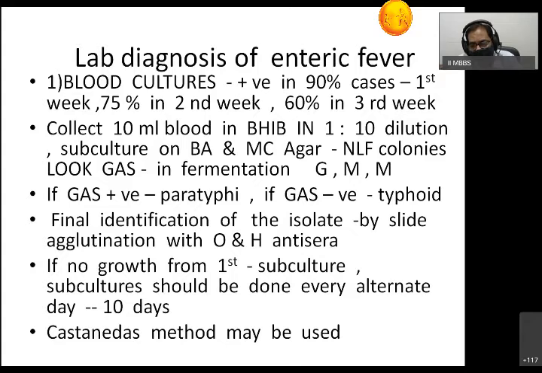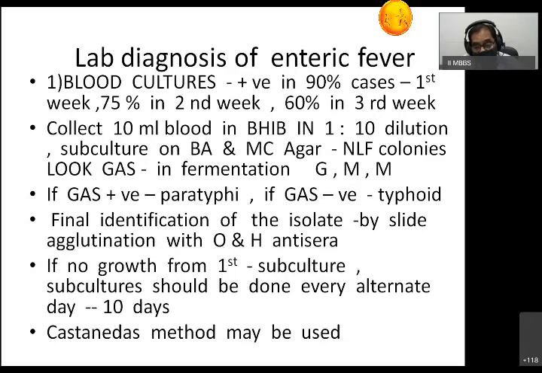So chances are that when you are handling this, there may be contamination. So what can be done? The Castaneda method can be used, in which you have the liquid medium and solid medium in one bottle only, correct? So there is a slant as well as liquid medium. Subculture can be done very easily by just tilting the liquid phase over the solid phase.